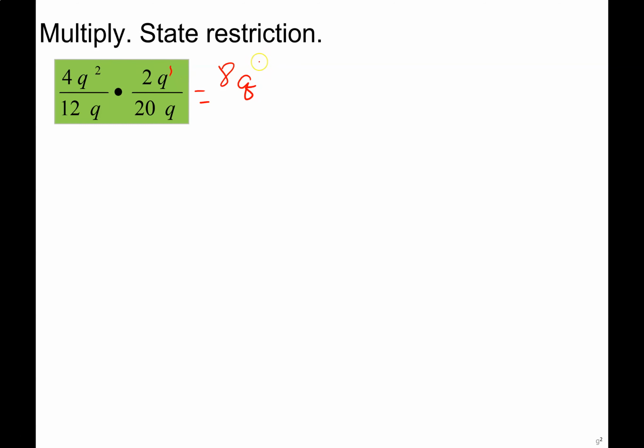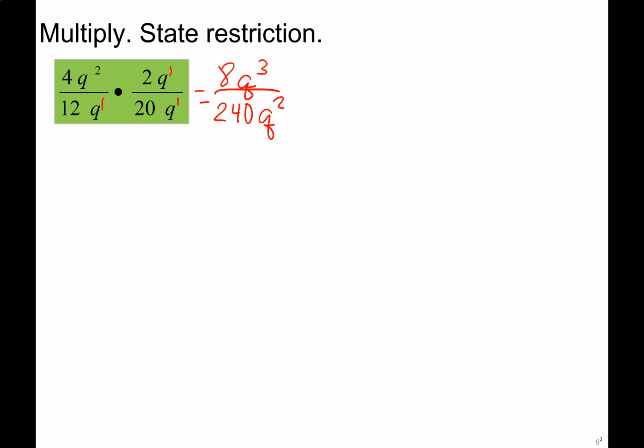So 2 plus 1 would give me a 3. In the bottom, we're going to have 12 times 20. So 12 times 20 would give me 240 on the bottom. And then this is q to the 1, that's q to the 1. Again, since we're multiplying, you add the exponents, so that's going to be q squared.